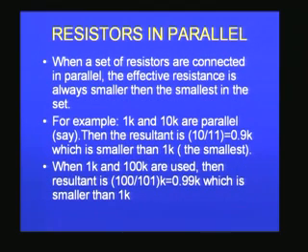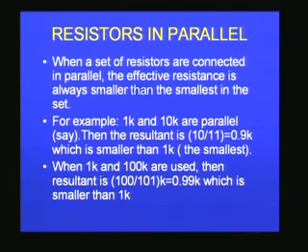Another very important point with reference to resistors connected in parallel is that the effective resistance of such a parallel combination will always be smaller than the smallest of the resistors that you have used in the combination. For example, if I use 1K and 1K, then the parallel combination we have seen already is 0.5K, it divides by 2 because I have used 2 equal resistors.